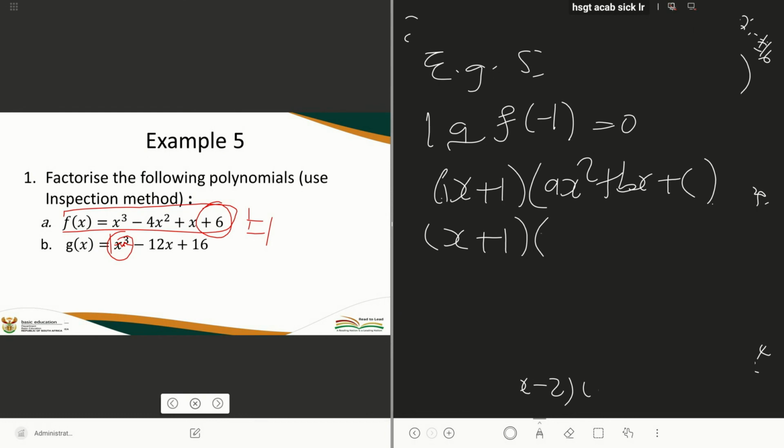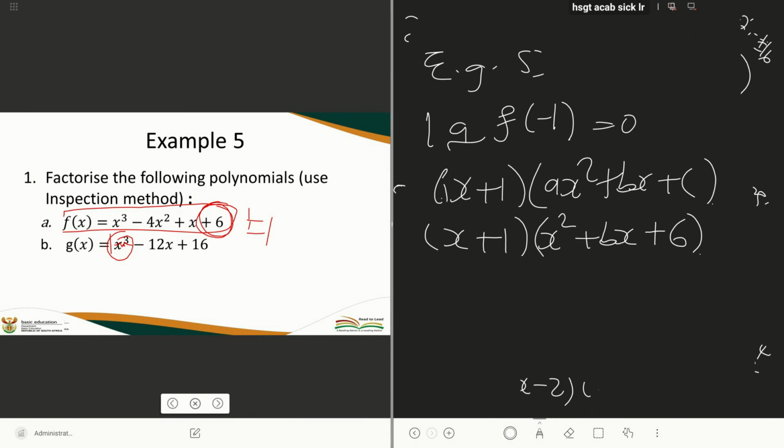So here I have ax squared plus bx and then plus c is the constant. When I multiply this positive 1 together with c, I must be able to get this positive 6 here, right? So 1 multiplied by positive 6 is going to be 6, the constant of the original, right?